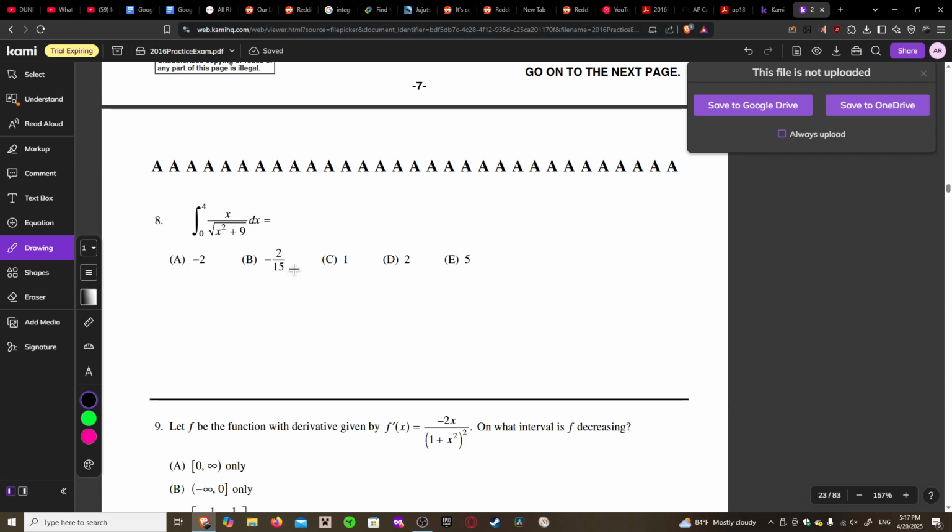The definite integral from 0 to 4. Hold on, I'm trying to remember. No, never mind. I could just use u substitution: u equals x squared plus 9, du is equal to 2x dx, dx is equal to du over 2x. I can put this in here, which is just 16 plus 9, 25, and in here, that's just 9.